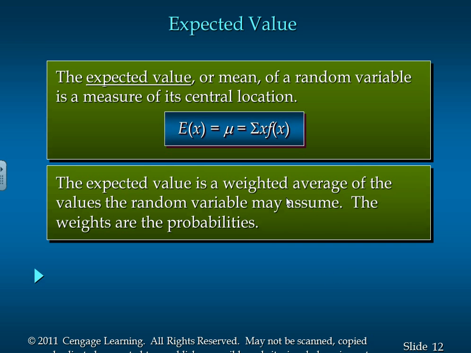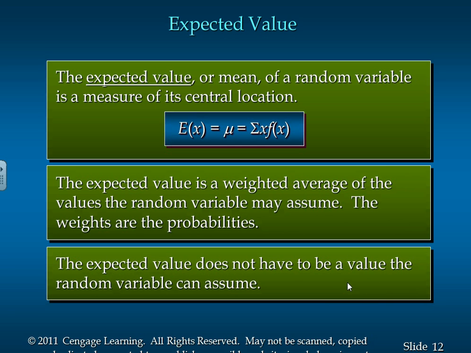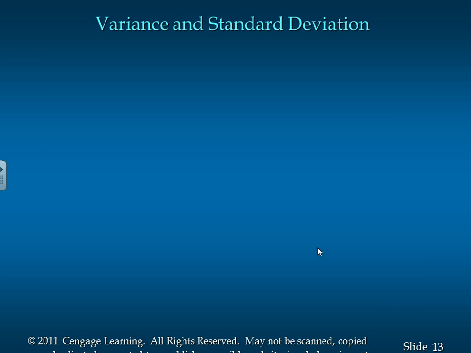The expected value is a weighted average of the random variable, and the weights are probabilities. The expected value does not have to be a value of the random variable. Well, if I take a weighted mean of something and I have 1s, 2s, and 3s, I could get a 2.1, or I could get a 1.7. That's what they're talking about. Doesn't have to be one of those.